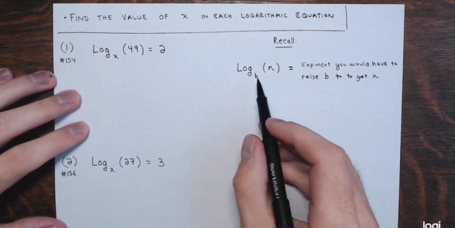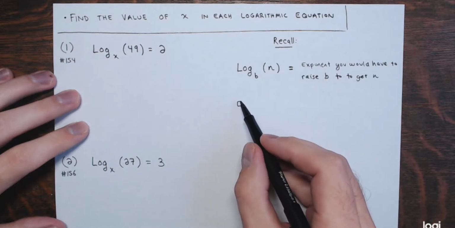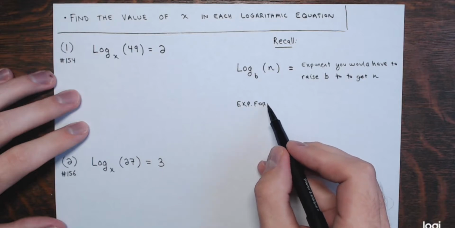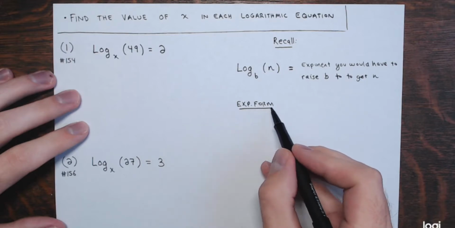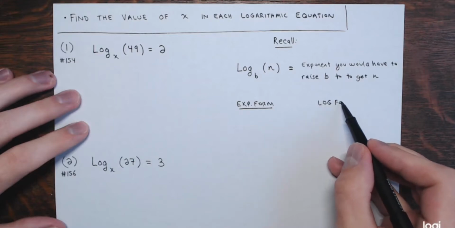And noting this, we also talked about in a previous video how to change back and forth between exponential form, which I'll call exp, and logarithmic form, or just log.